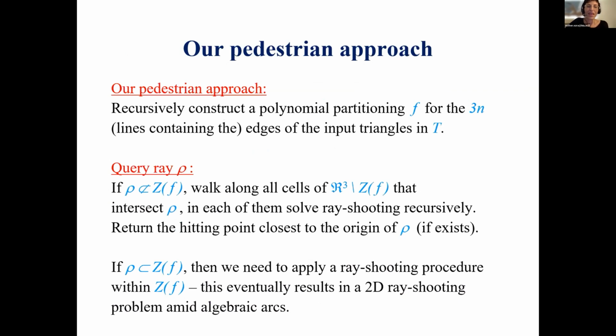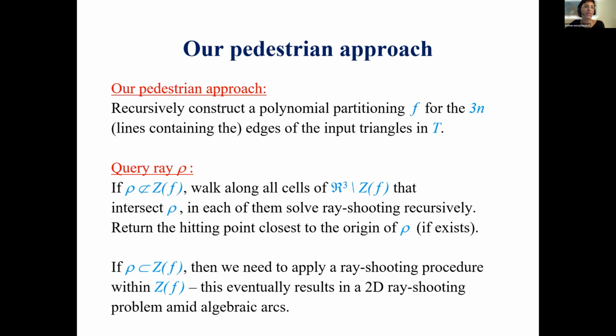So our pedestrian approach goes as follows. We construct a polynomial partition f for the 3n lines containing the edges of the input triangles, and we do so recursively. The query rays are handled in two separate cases. The first one is where the query ray is not contained in the zero set.